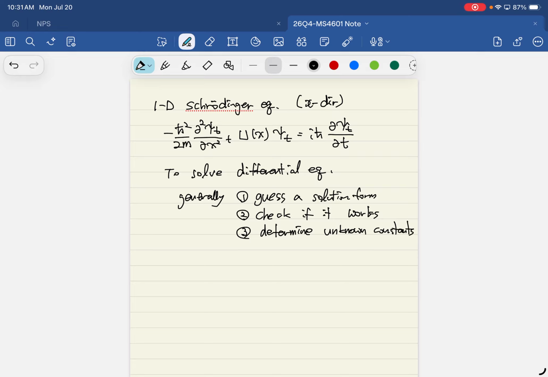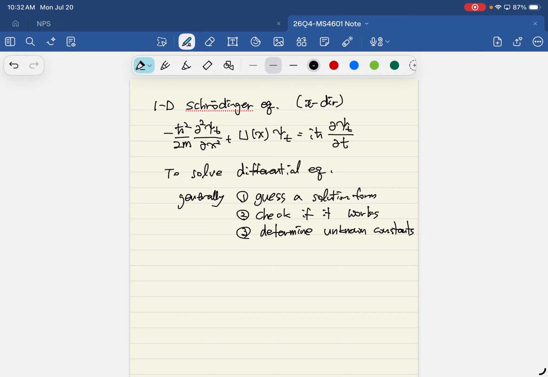Right? So you probably have done this many times, like for a 1D ODE or a second order ODE, where often you deal with the solution form of exponential and sine and cosine, right? Probably you guys just memorize and then just substitute, but that is essentially guessing a solution form, okay? And then you just substitute and check if it works. If it works, you find out the unknown constants, okay?